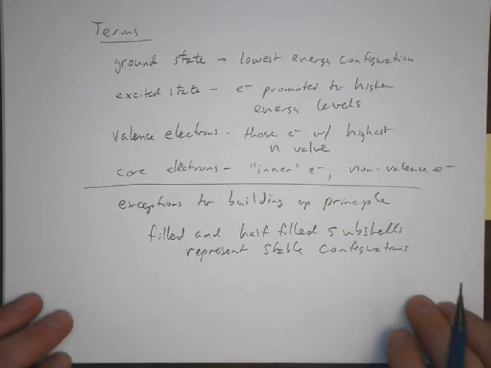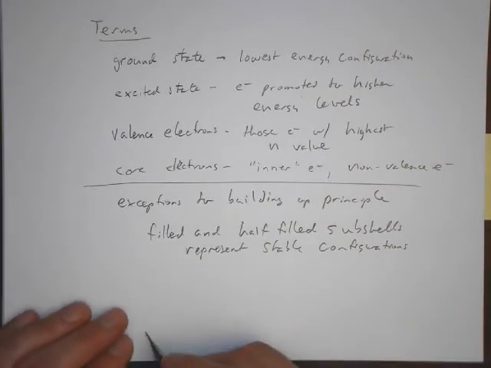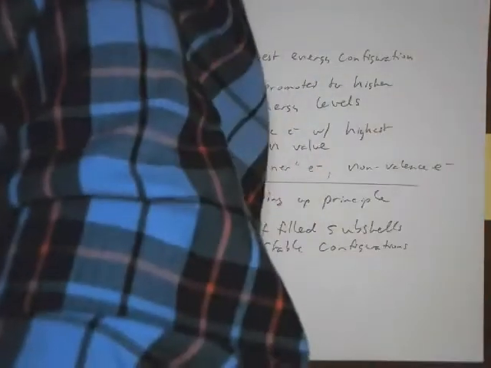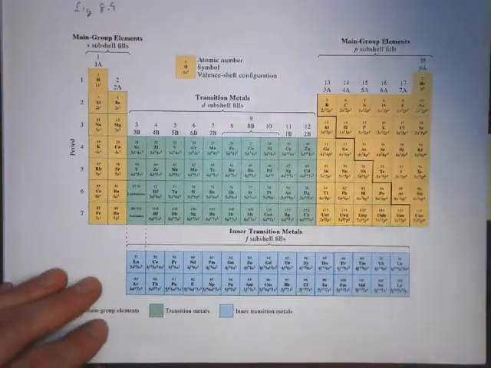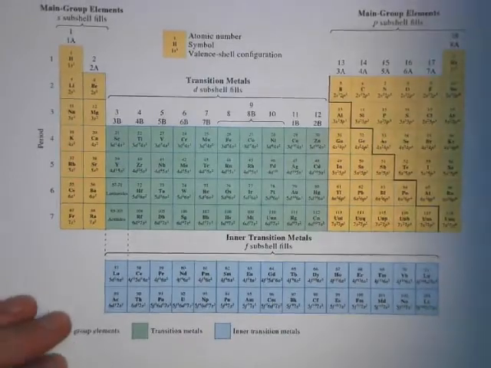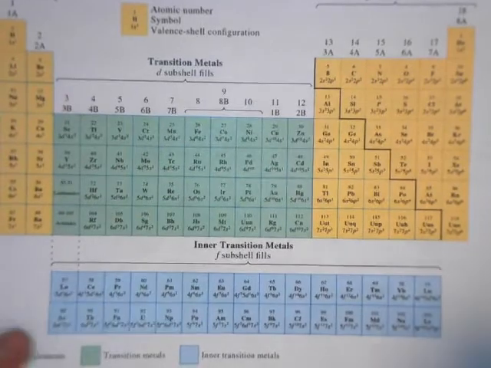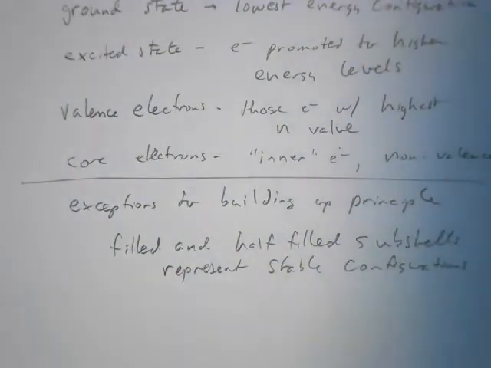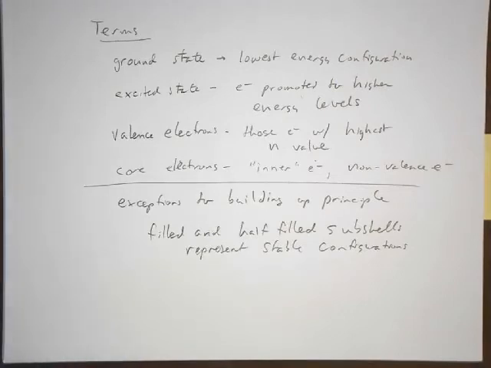Exceptionally stable configurations. So, for example, I'm going to use this figure 8.9 again. Filled and half-filled subshells represent extremely stable configurations.